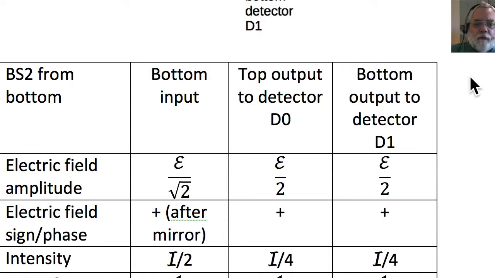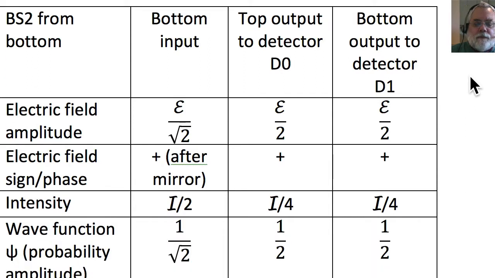Let's make a table of what beam splitter 2 does to the bottom beam. We have a column for the bottom input to beam splitter 2, a column for the top output to detector D0 from the bottom input, and a column for the bottom output to detector D1 from the bottom path.